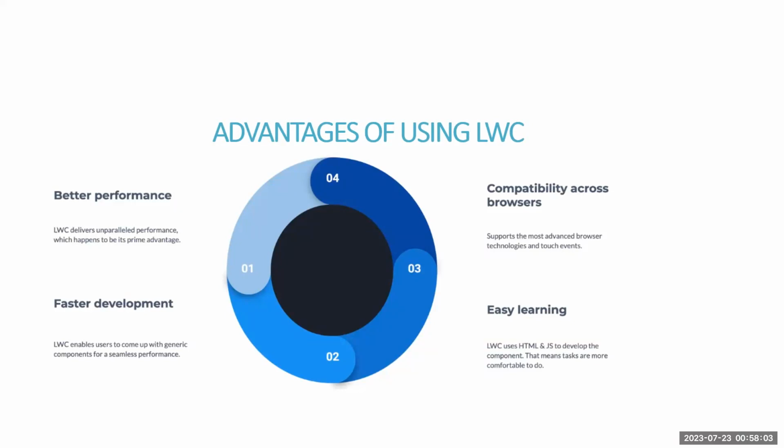Basically, when you are using multiple components, for example you created a parent component and you want to use multiple components within that parent, component 1 as a child, component 2 as a second child, component 3 as another child, and within that child you want to use another component also, it will not take more time for loading. That's why we are saying LWC has better performance.